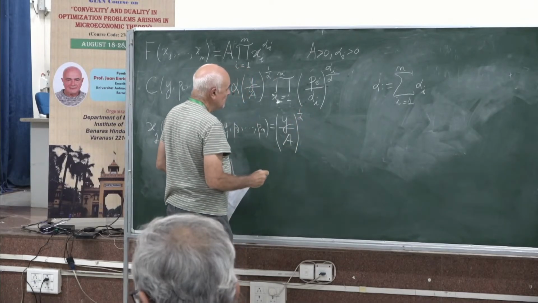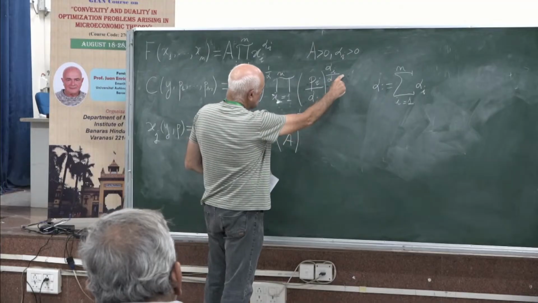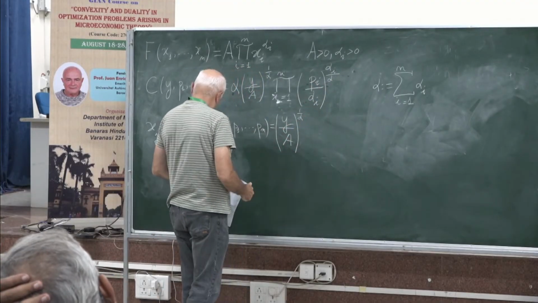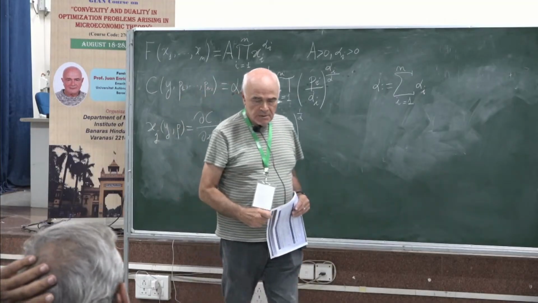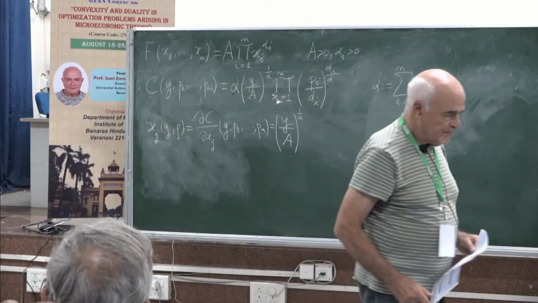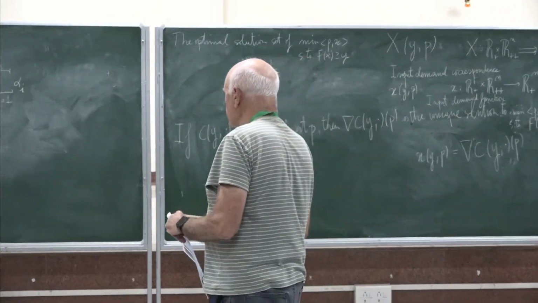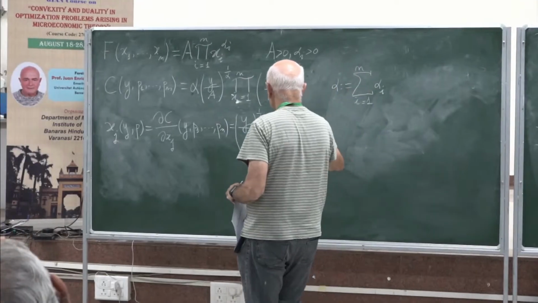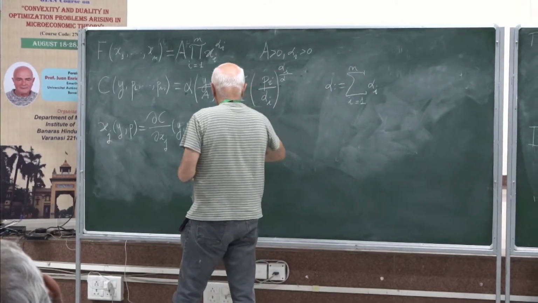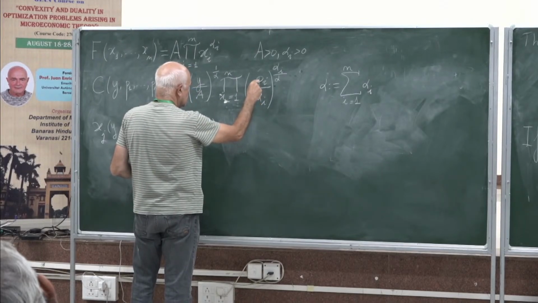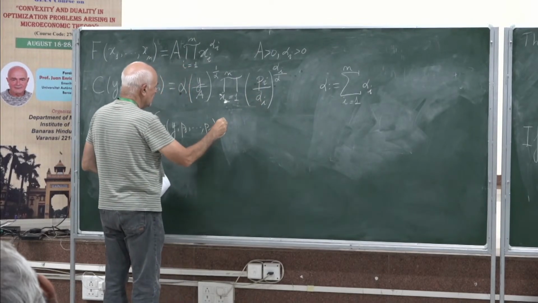One over alpha, and then because of the minus 1, I prefer to write it slightly differently. So I have to divide by p_i over alpha i.